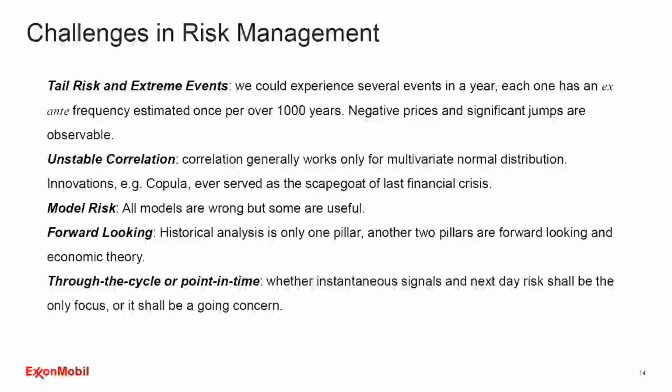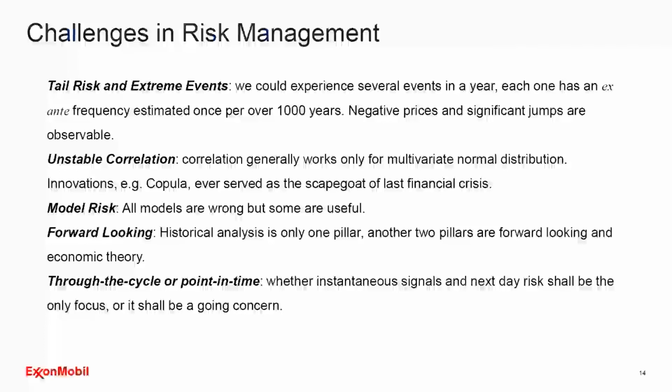And people keep talking about, I observe another unprecedented event taking place. And if you calculate the ex ante probability or frequency, it could be happening once per 1,000 years or once per 1 million, 1 billion years. But it keeps happening every few months. Like the polar vortex this year, the European natural gas last quarter.